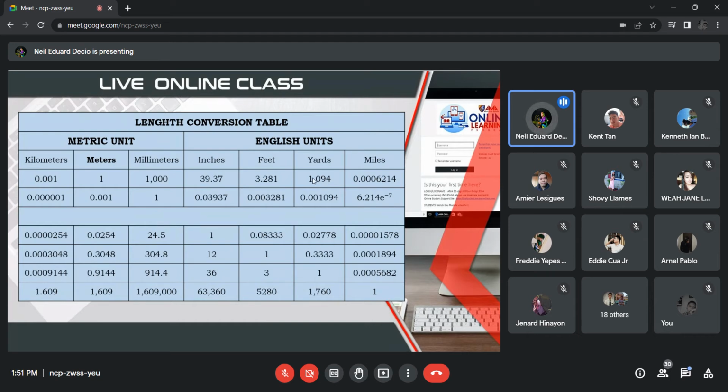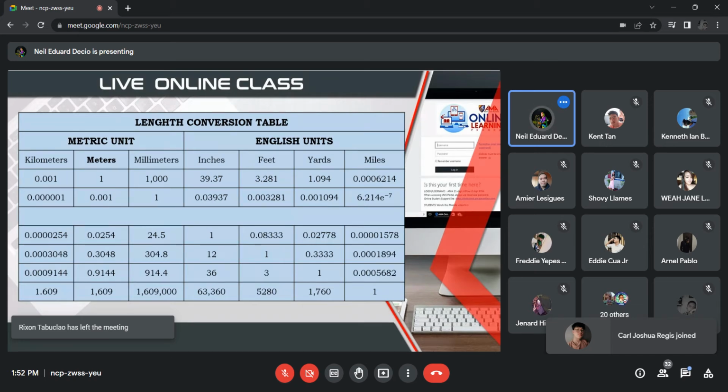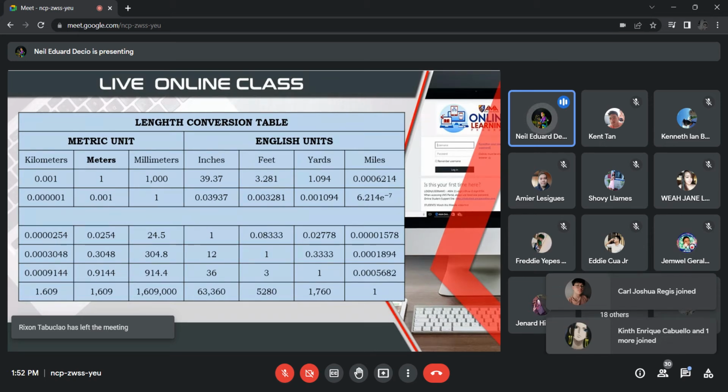So as shown in the table, we can see the conversion from different units, from metric and then English units.